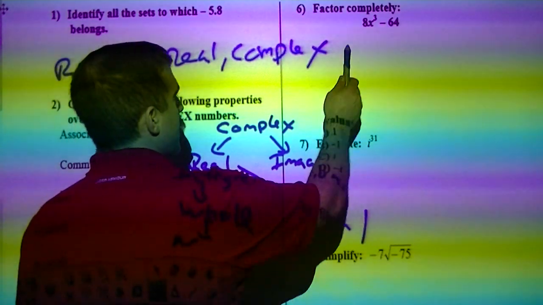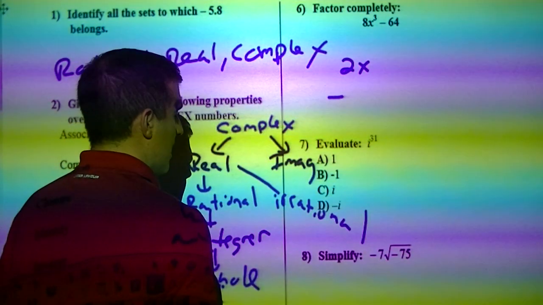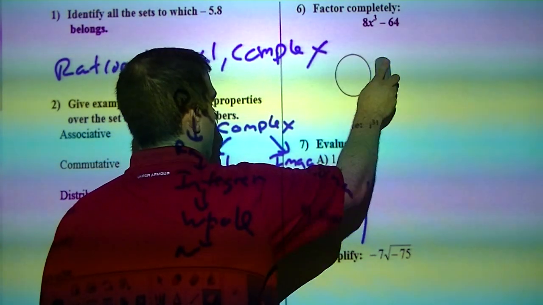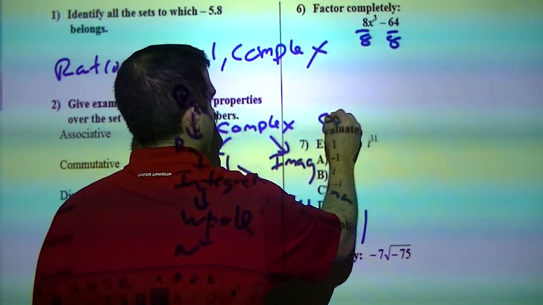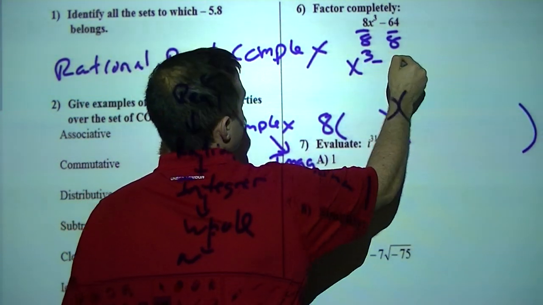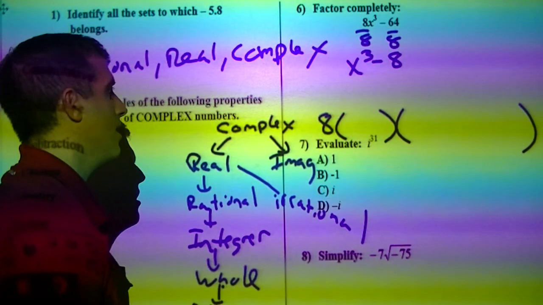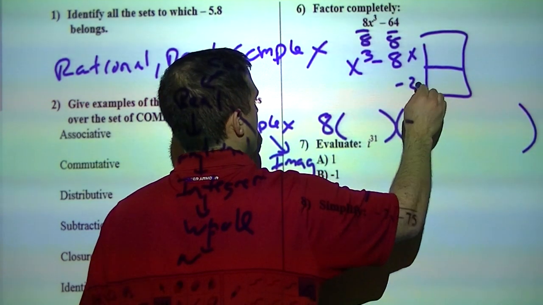6, same thing. Actually, what I should do here, first of all, is take out an 8. That's going to be part of my answer when I get done. So that's x cubed minus 8. My first set of factors is going to be x and negative 2.